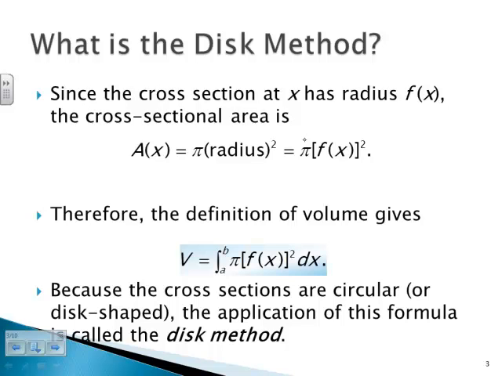This gives us the following volume formula: V equals the antiderivative from a to b of pi times f of x squared with respect to x. Because the cross-sections are circular, or in the shape of disks, the application of this formula is called the disk method.